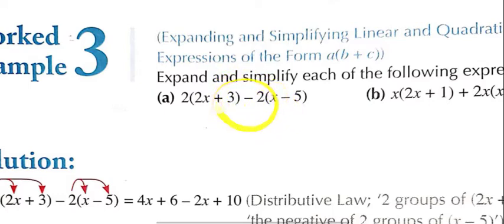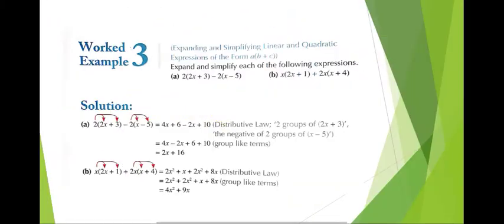So read this as negative 2. So negative 2 times x, negative 2x, and negative 2 times negative 5, plus 10. So it will become like this. If you times in without the negative, you are forgetting this, you will most likely end up with a different result. Small mistakes will make a big difference on the result. So be careful of that.